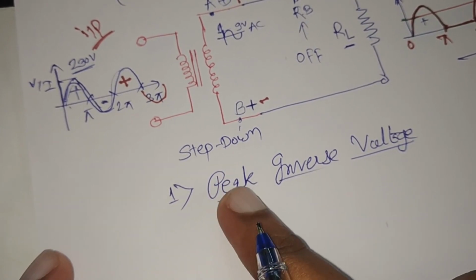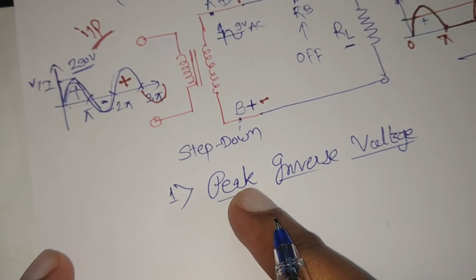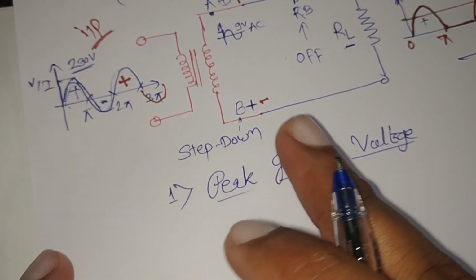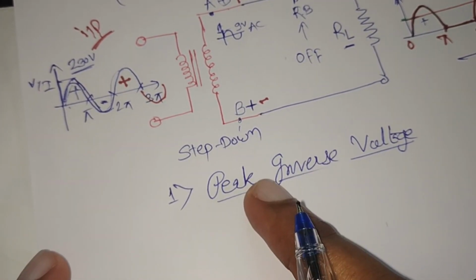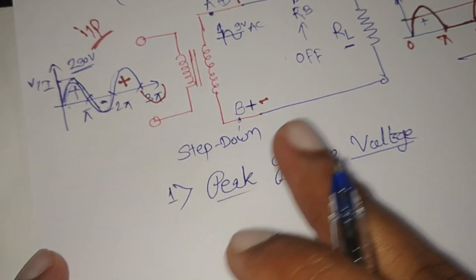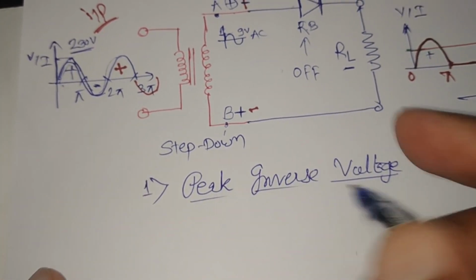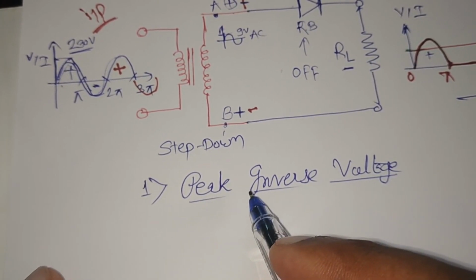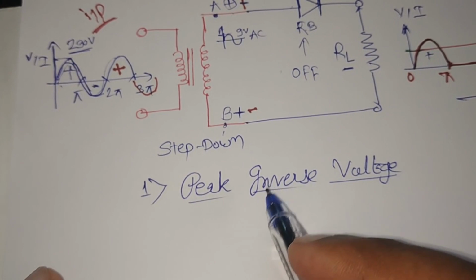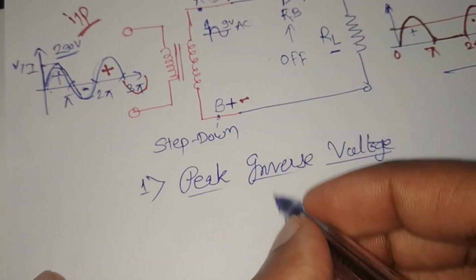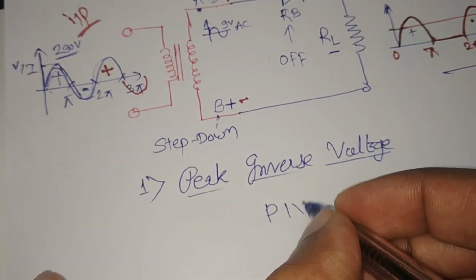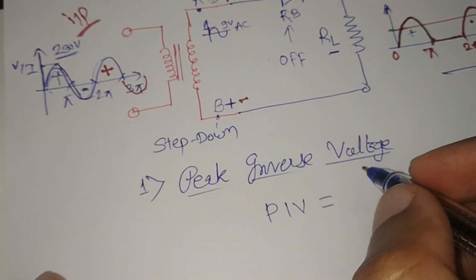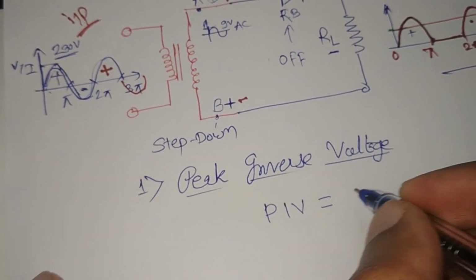How much maximum voltage can the rectifier handle without damaging itself, right? And in which condition? In reverse bias condition, the inverse voltage. In reverse bias condition, how much maximum voltage can be handled by this particular diode? It is given by PIV, peak inverse voltage.